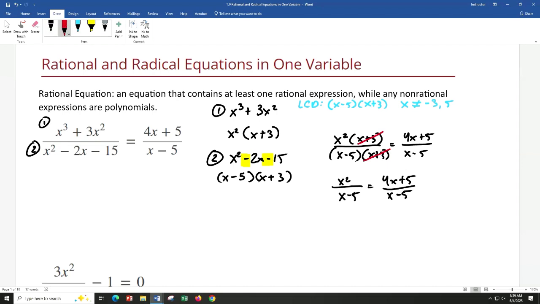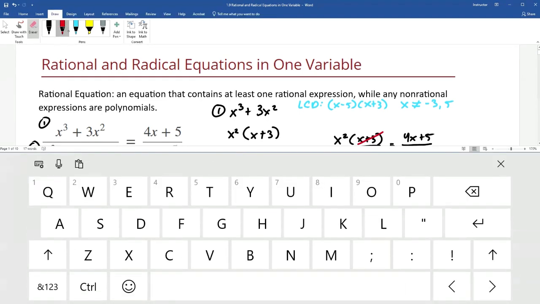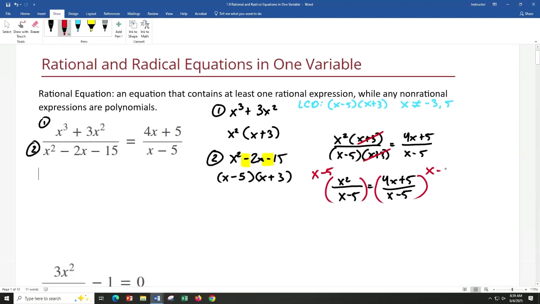And let's go ahead and multiply everything by x minus 5. Notice when I do that, what's going to happen? That's going to go away, that's going to go away, that goes away, and that goes away.